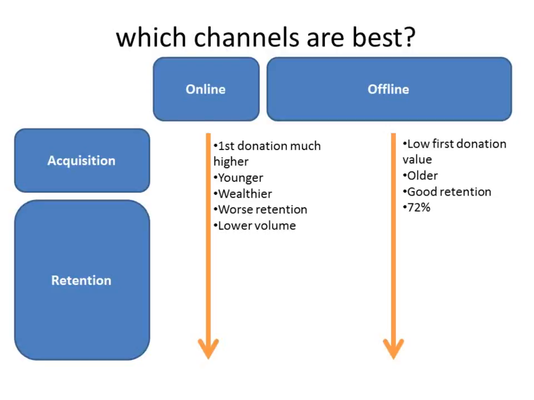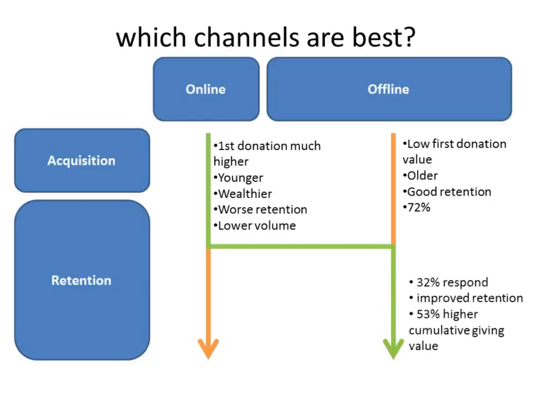But the interesting part is that if we can find a way to use multi-channels so that we can cross-pollinate between the online and the offline, the research actually shows that if you can take an online acquired donor and retain them through other offline channels, you can improve that retention and also improve lifetime value.